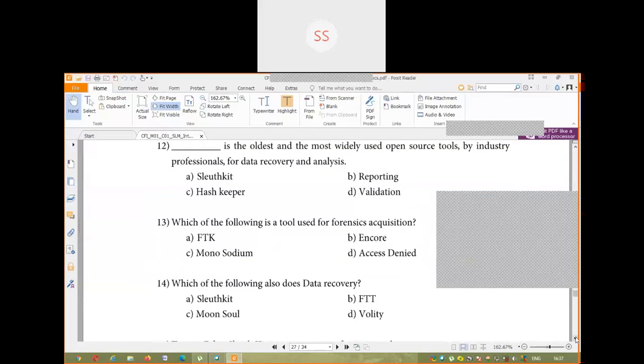Next one. Go for 13 and write in the chat box.